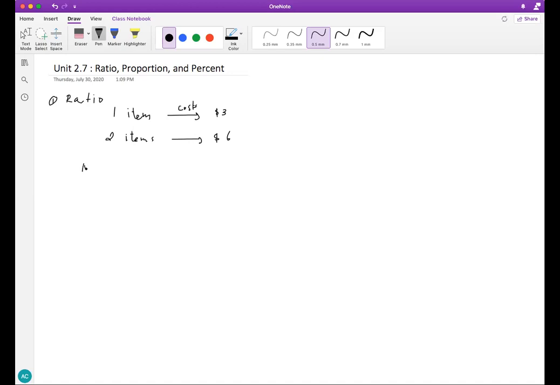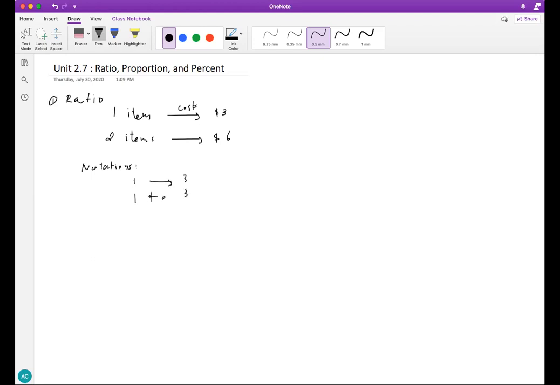The notations of ratio are various. There are various ways of expressing ratios. Probably the one that makes most sense is 1 to 3, like this. You can also write 1, the word to, 3.